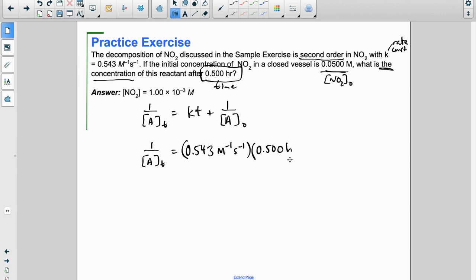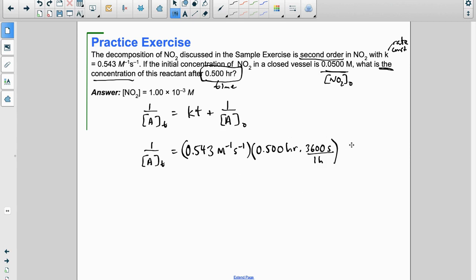Immediately, as I'm writing this, I'm noticing the units, seconds and hours, do not match up. So I need to do some converting of units. I want to convert my hours to seconds, or I could convert my seconds to the -1 to hours to the -1, but I think I'll just say that there are 3,600 seconds in 1 hour.